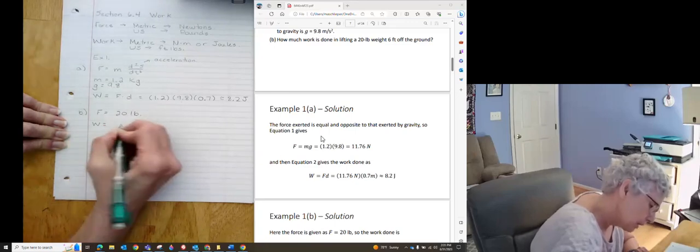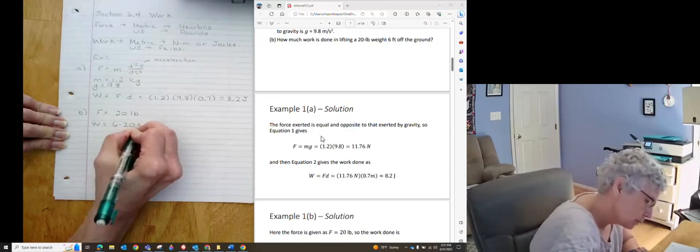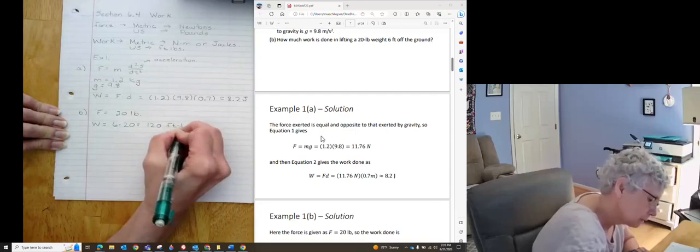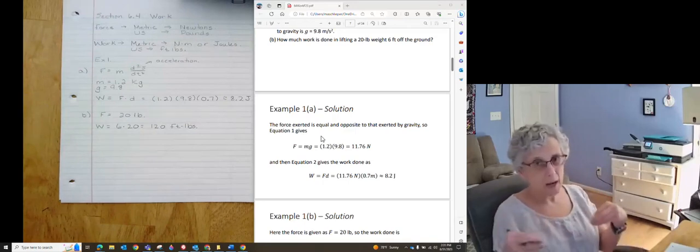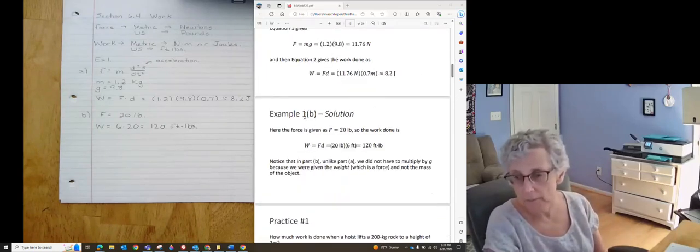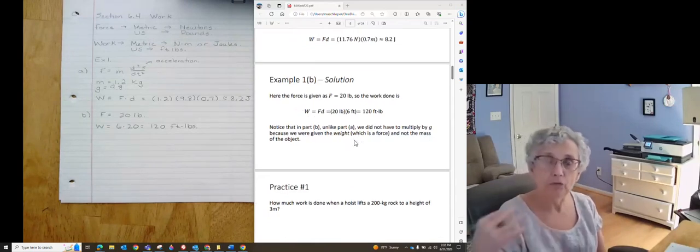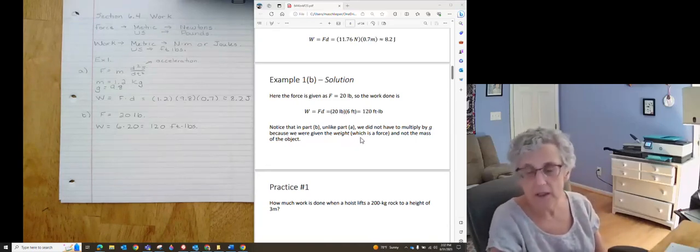Work is just equal to 6 feet times 20 pounds, which is 120 foot-pounds. So pounds includes that acceleration in it already. Weight is a force. It's not just the mass of the object. There's a difference between weight and mass.